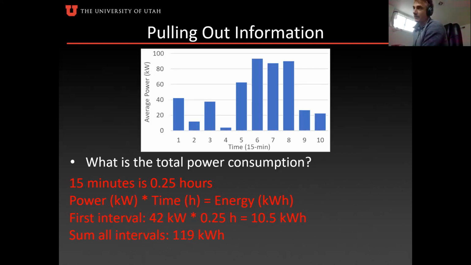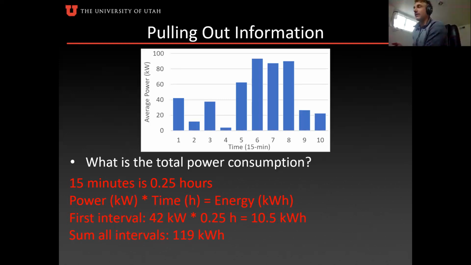We want hours because kilowatt hours is the relevant metric for energy for billing purposes. So we multiply the power of each interval times the time of each interval. The first interval is approximately 42 kilowatts times 1/4 of an hour, so that first interval draws 10.5 kilowatt hours of energy.